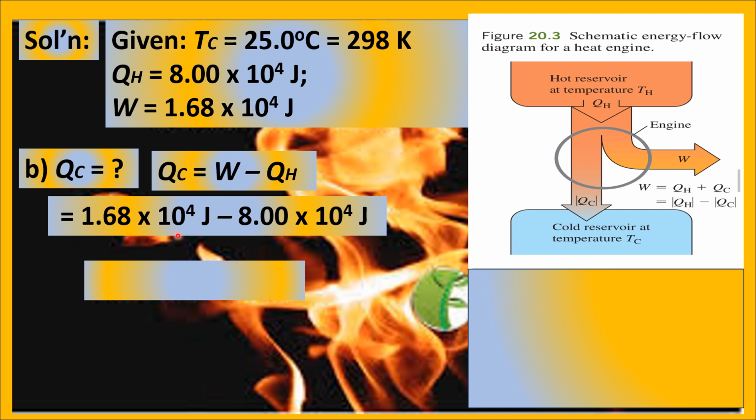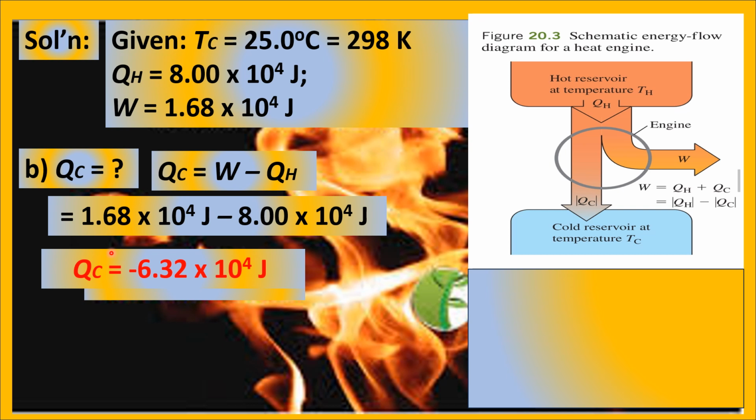Subtracting these two quantities, we will get the value for Q sub C equal to negative 6.32 times 10 to the fourth power joules.